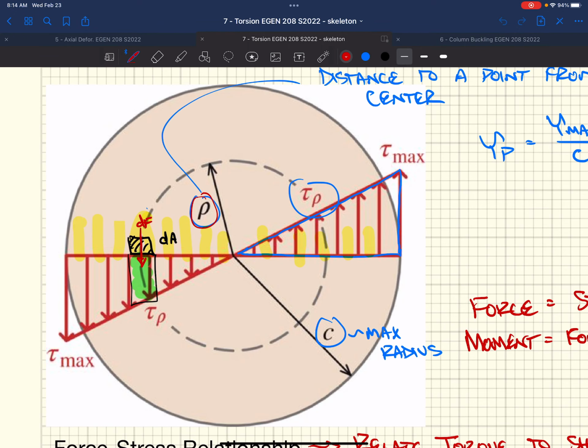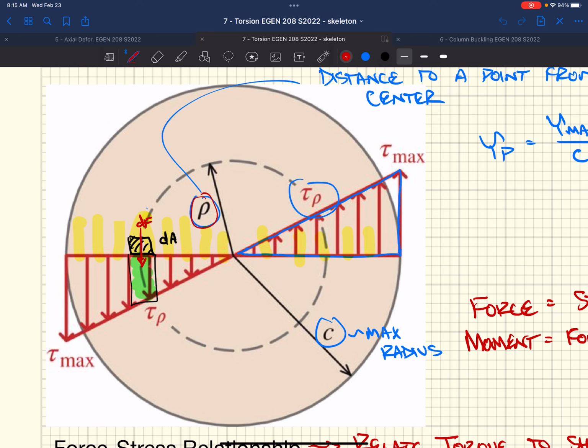As we noticed through this derivation, our angle of rotation increases as we go from the center. If you took a shaft and you're twisting on it, the center of that shaft doesn't twist. It's only twisting based on the radius, and how far we go out.